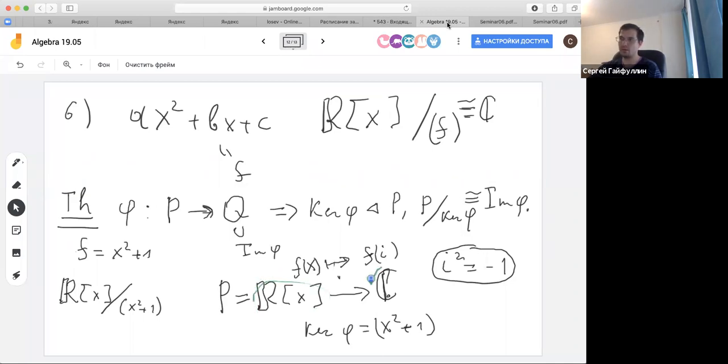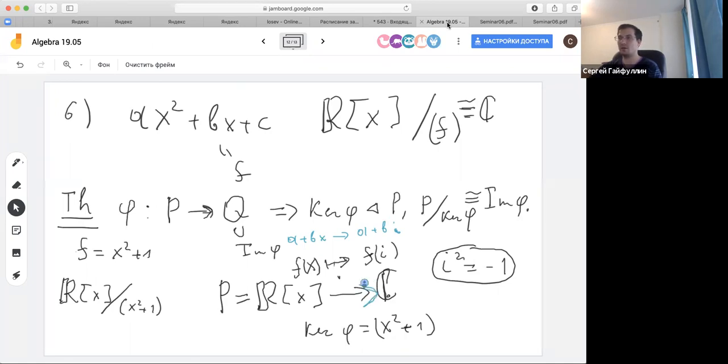Is it surjective? Of course, it is, because linear polynomials a plus bx go to a plus bi, which is all complex numbers. So this homomorphism is surjective.